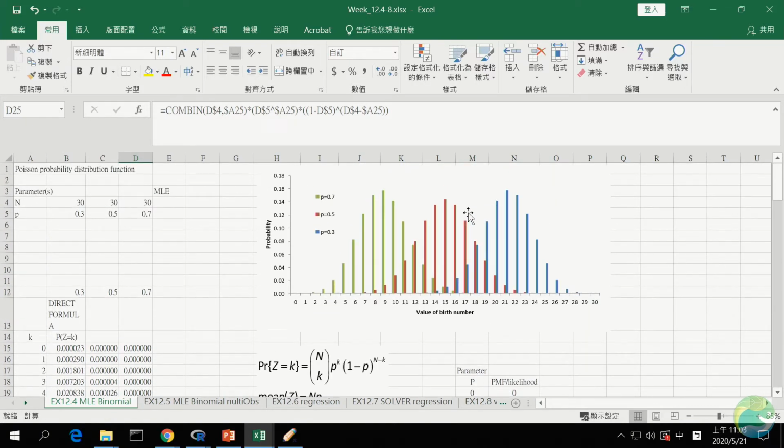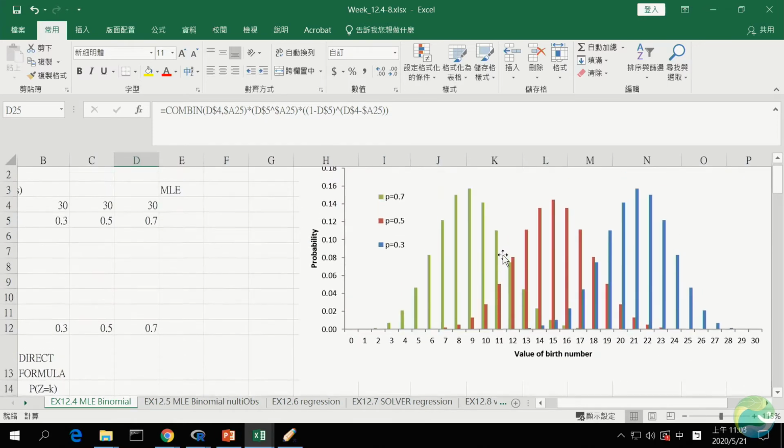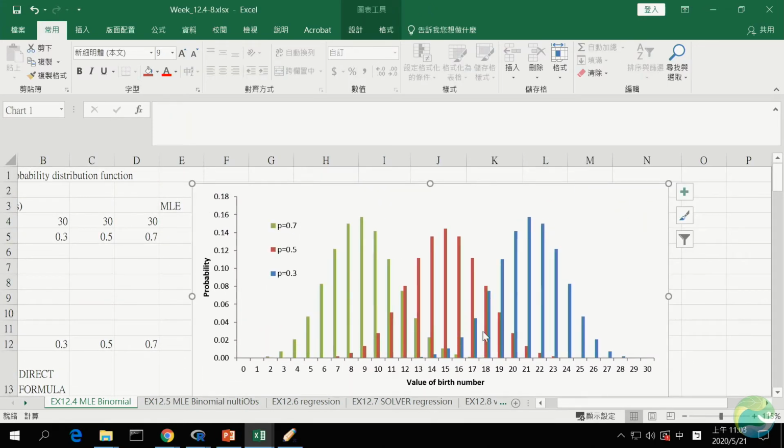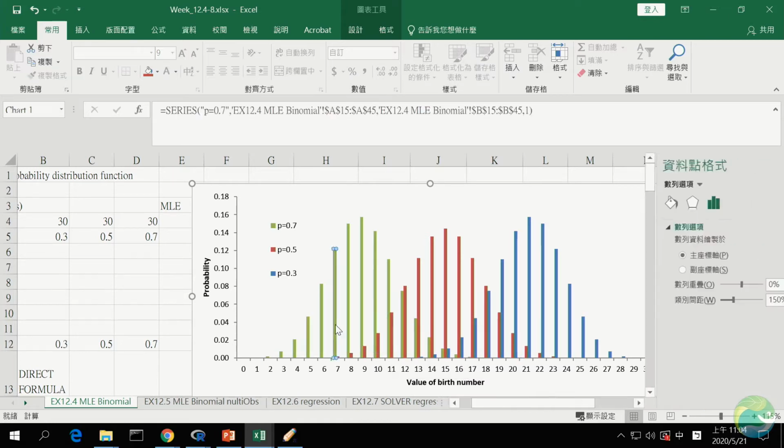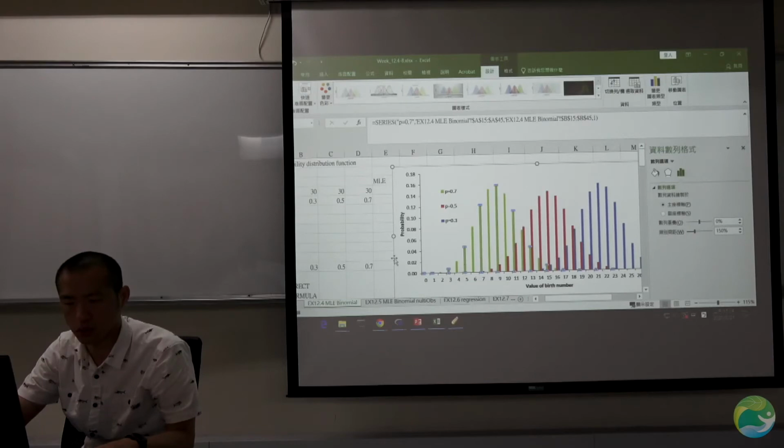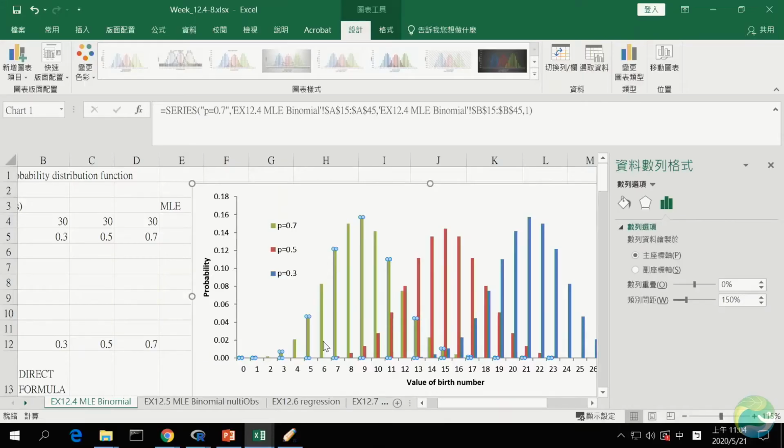The figure here shows the number of births. The current data is this one, 10. Different colors mean different parameter assumptions and their corresponding probabilities. Sorry, the color here is wrong. This one should change to the green color.